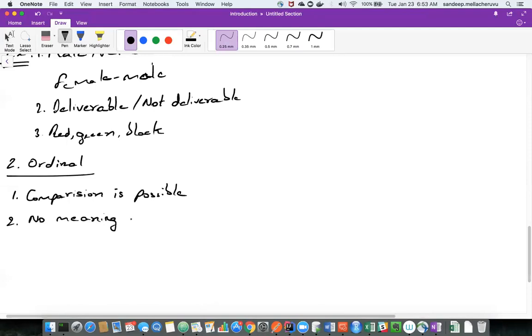This is interesting because at first you're saying that there is a comparison possible, but then saying, oh, sorry, no meaningful difference. And this is also categorical.